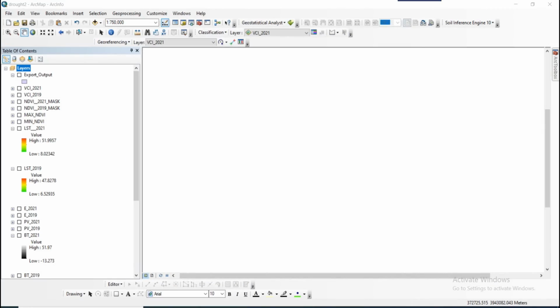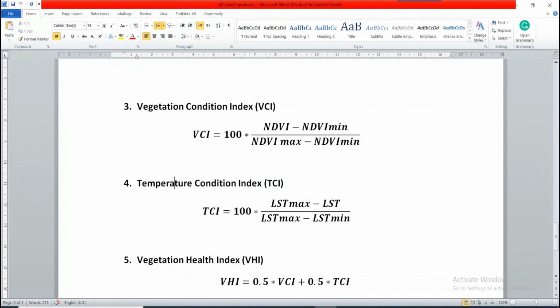The next index in this training course is the temperature condition index, or TCI. Of course, after we calculate the vegetation condition index, or VCI, now we will calculate the TCI. In TCI, of course, we need the LST for a certain year, and maximum and minimum value of the LST.